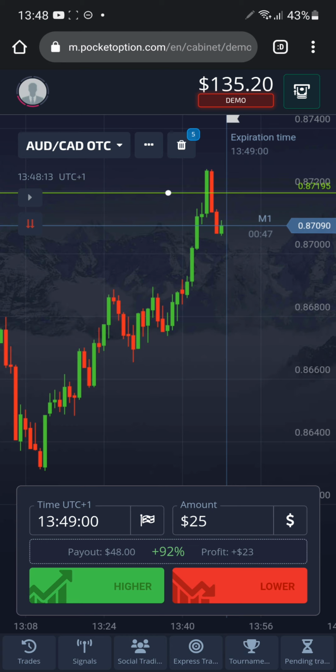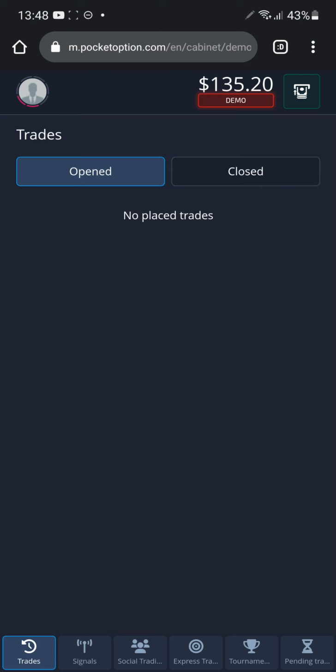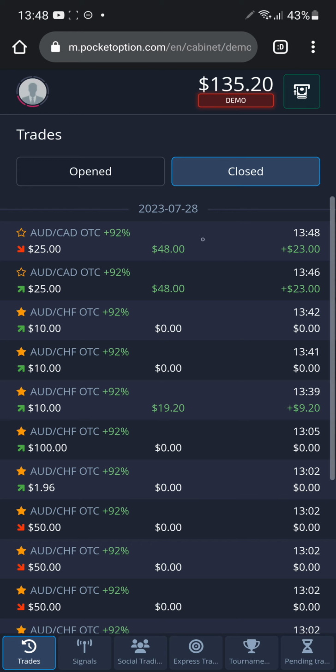Now there are a few other things. I know this video is longer than the rest, but let me just quickly finish this. Now this trade button, what it does basically is when you click on it, if it's under this open section, it tells you trades that are open, that are currently running. If you click this closed one, then this one tells you the previous trades that you've done.